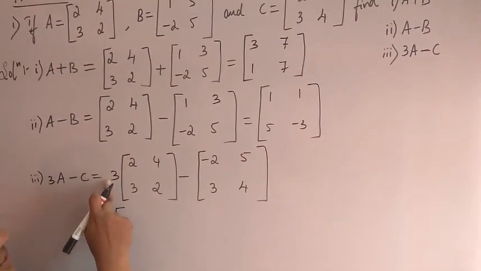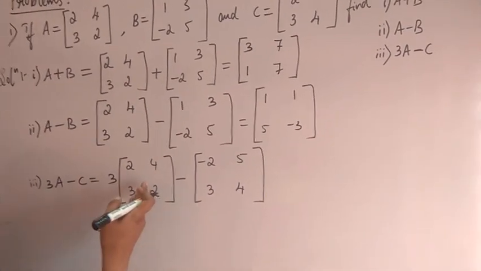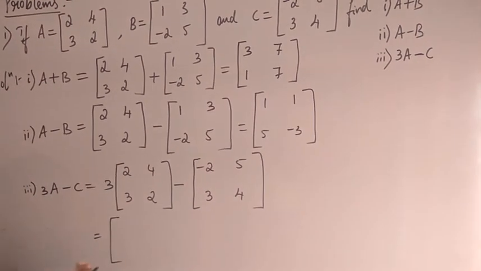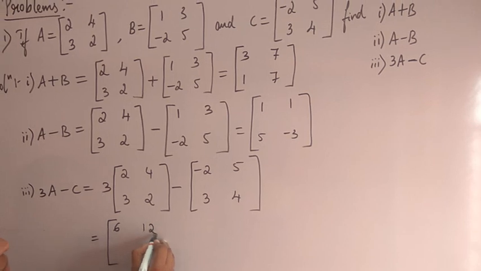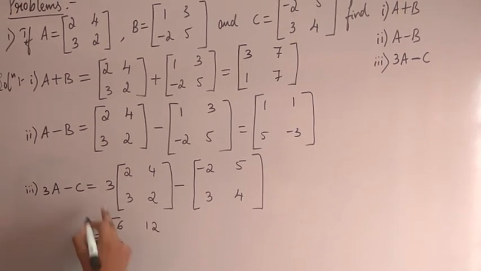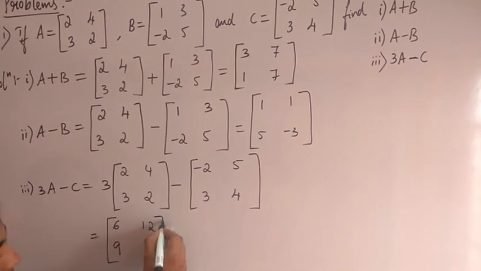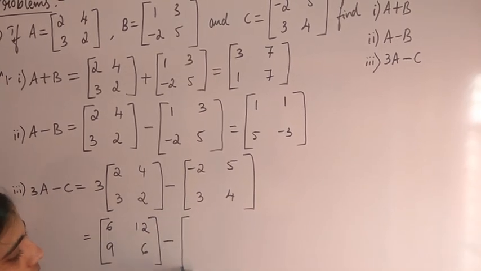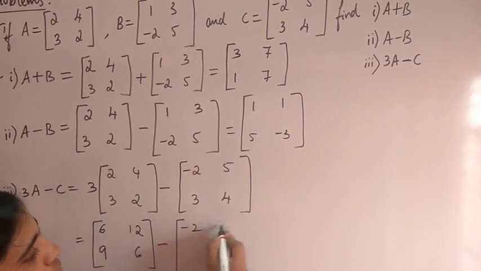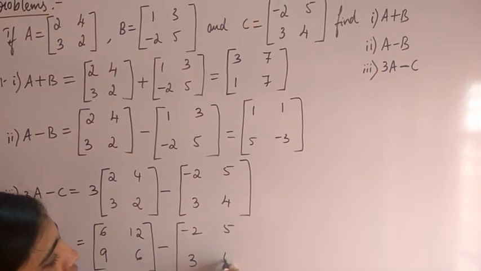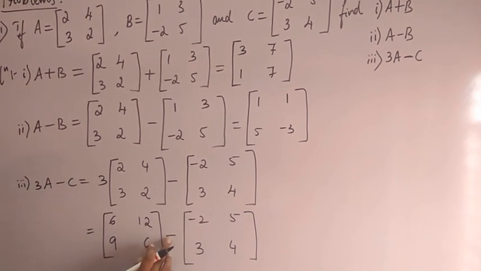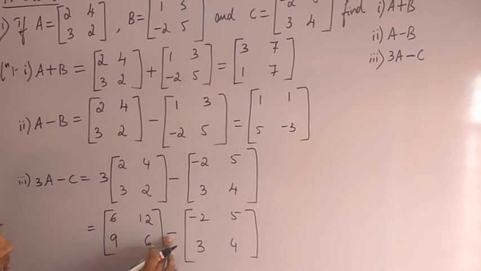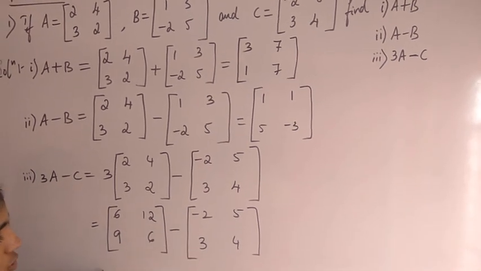We are multiplying constant 3 inside the matrix, which means we multiply it with each element. 3 2s are 6, 3 4s are 12, 3 3s are 9, 3 2s are 6. Minus the matrix minus 2, 5, 3, 4. In between these two matrices the sign is minus, so we have to subtract these two matrices.